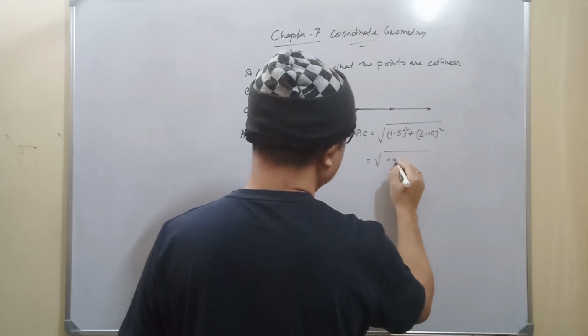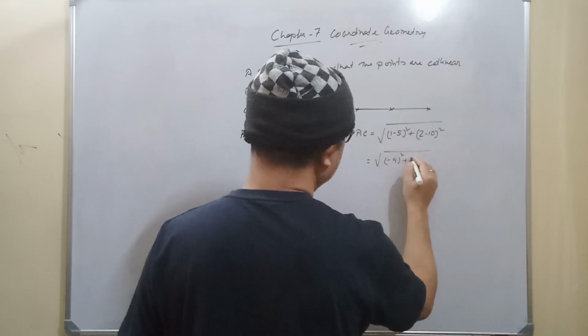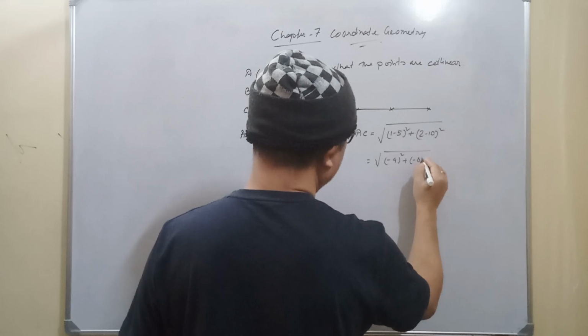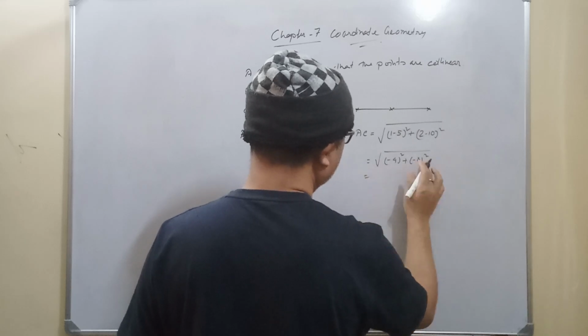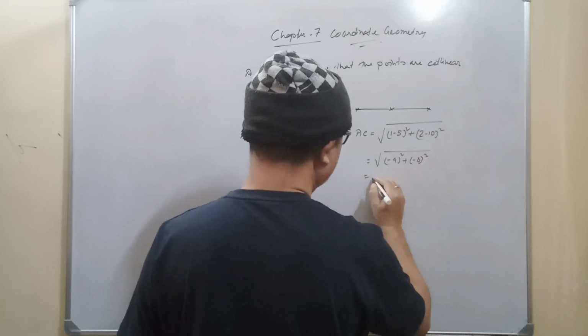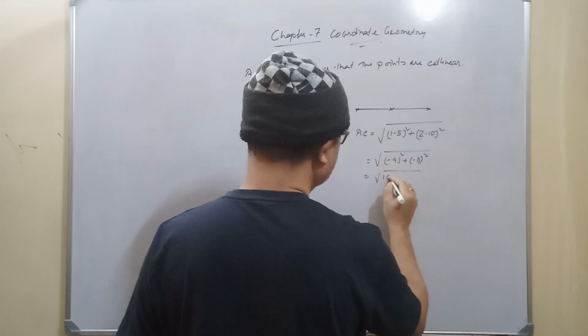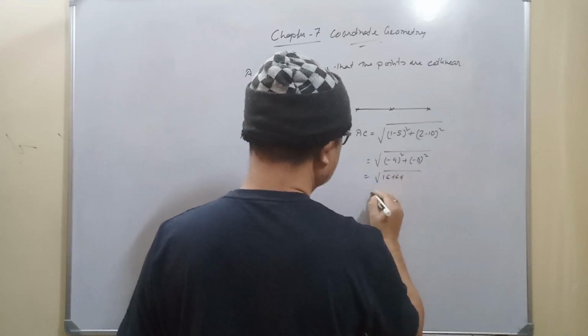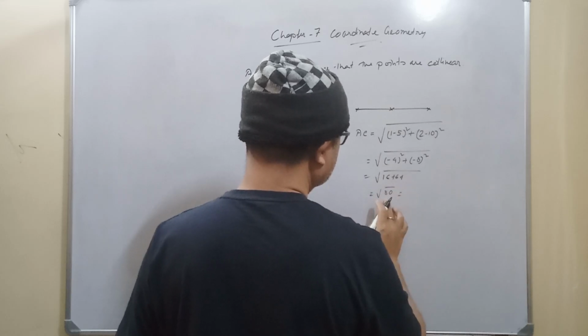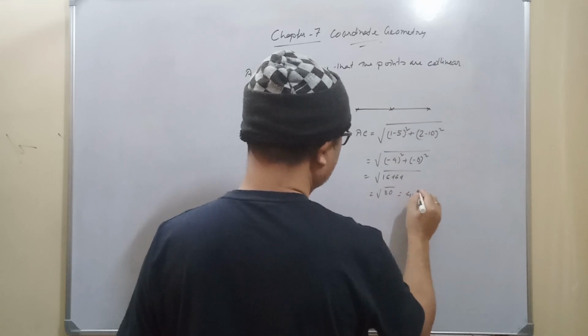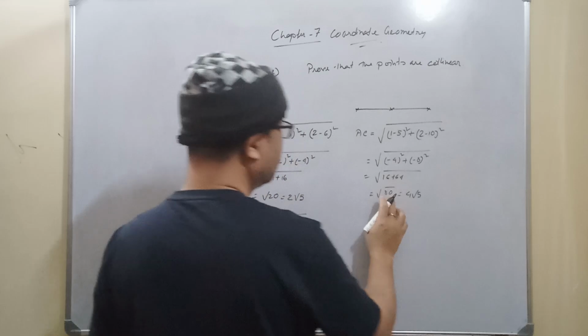So this is (minus 4) square plus (minus 8) square. This is 16 plus 64, 80. 80 is 16 times 5, so 4 root 5. Square root of 80 is 4 root 5.